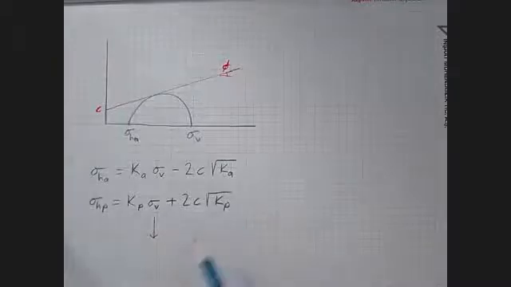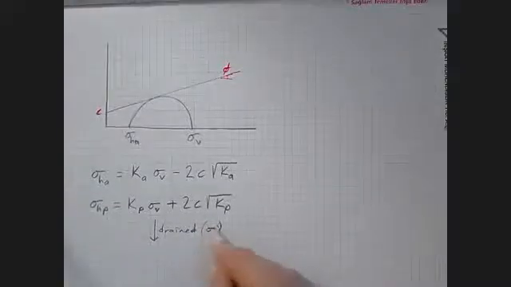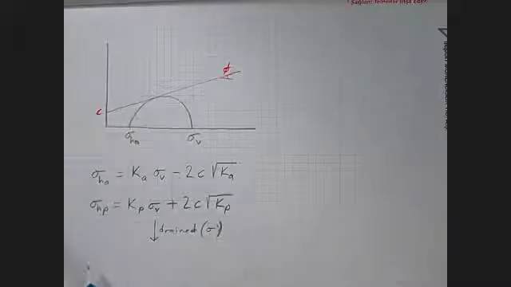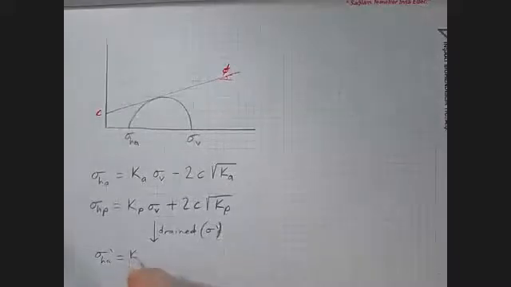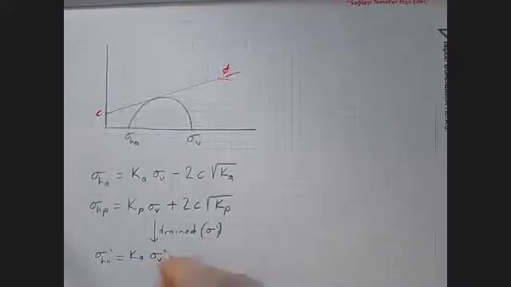So if you are looking at drained parameters or drained analysis, effective stress analysis, then you are supposed to use all the effective stress parameters, and then sigma HA prime. Yes, I'm actually going to have to write this for this same thing with just primes.